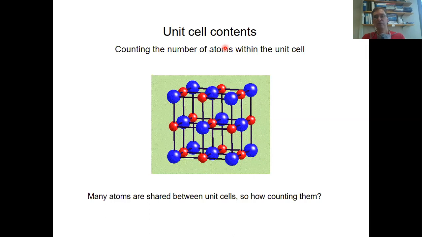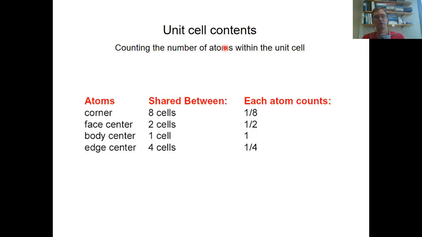So let us briefly review this. Generally, when an atom sits on the corner, then because a corner is being shared by 8 cells, each atom only counts for 1/8. When the atom sits on a face center, then a face center is being shared by 2 cells, therefore each atom only counts for 1/2.